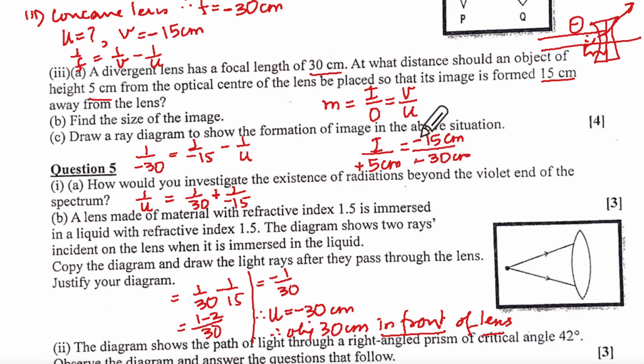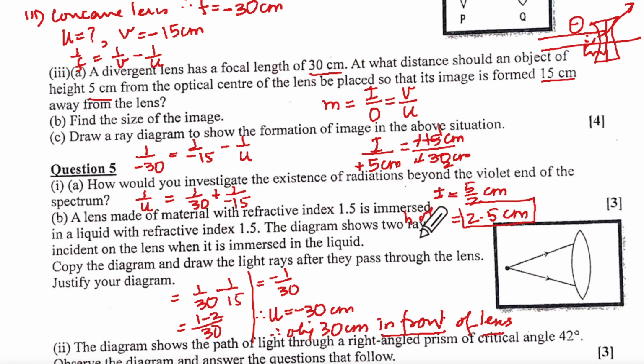Correct? So I will be equal to 5 upon 2 centimeters, and it's positive. So that is 2.5 centimeters. This is the height of the image.